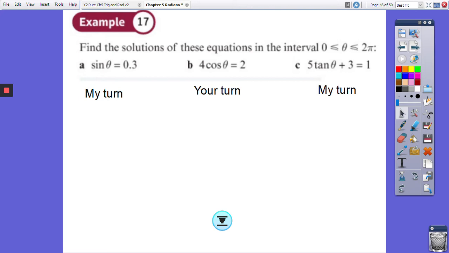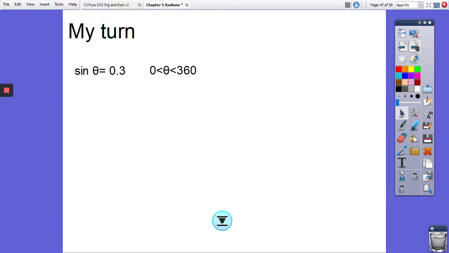Okay, so let's get on and do this first equation where we're going to solve sine theta equals 0.3, and instead of doing it in radians, as we've just been speaking about, what I'm first going to do is I'm going to solve this equation in degrees.